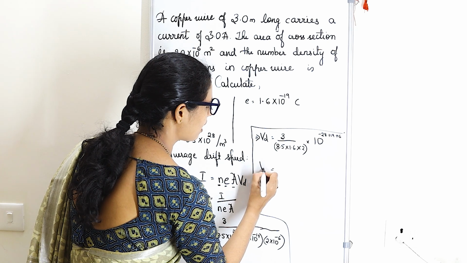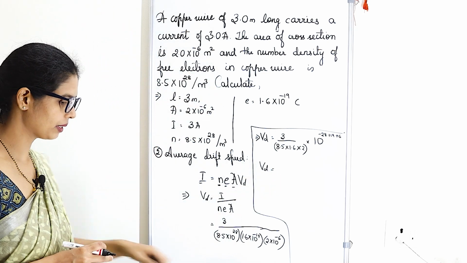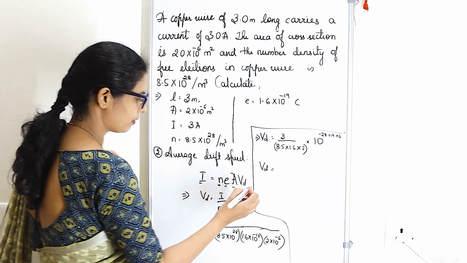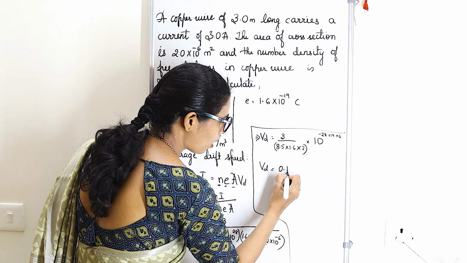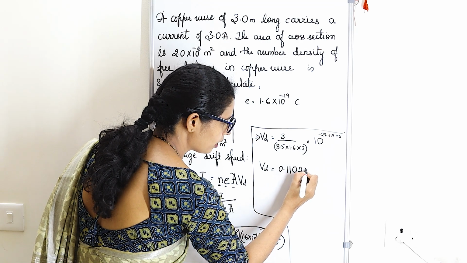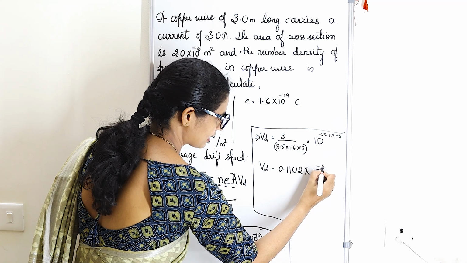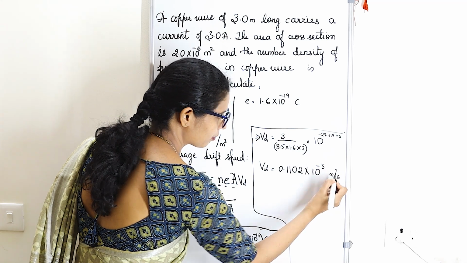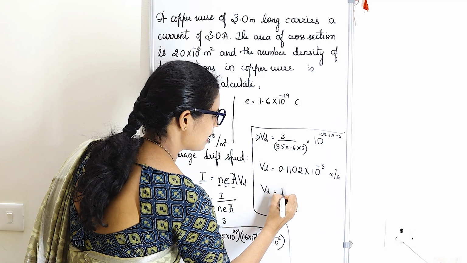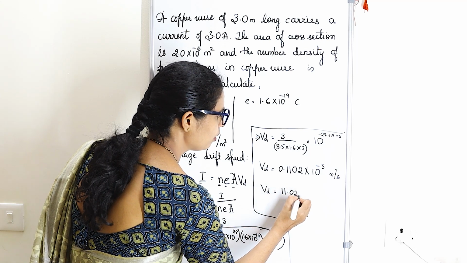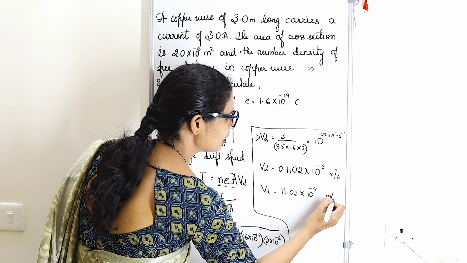So you can easily calculate the numbers as well as the exponentials. Now what is the value for drift velocity or the average drift speed? The value for drift velocity is 0.1102 into 10 to the power of minus 3 meter per second, or you can write it as 11.02 into 10 to the power of minus 5 meter per second.